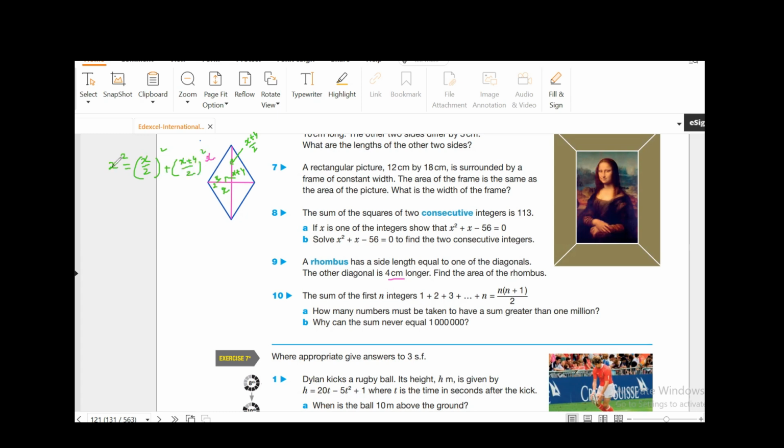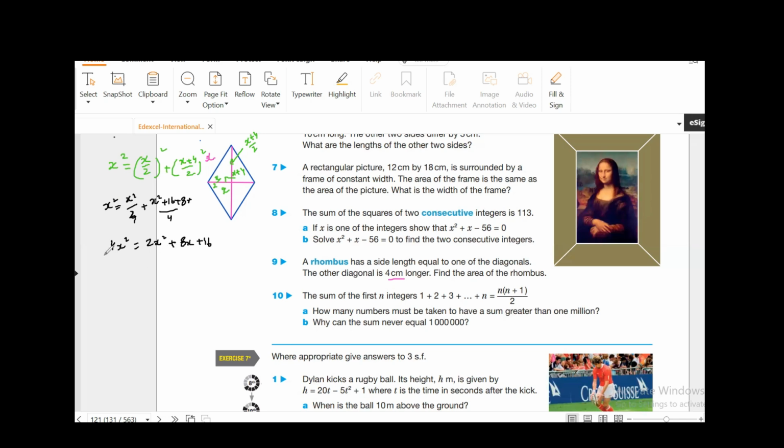So if we simplify, it is x squared over 4 plus x squared plus 16 plus 8x over 4. Taking 4 as the LCM, we multiply the sides, so 4x squared is equal to x squared plus x squared plus 8x plus 16.